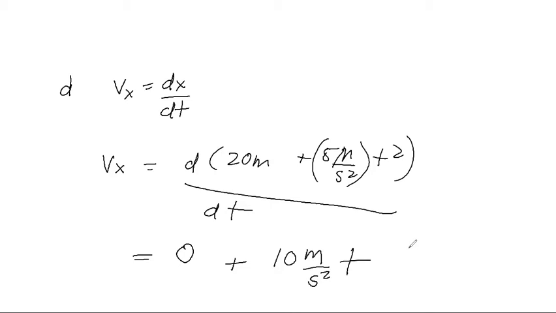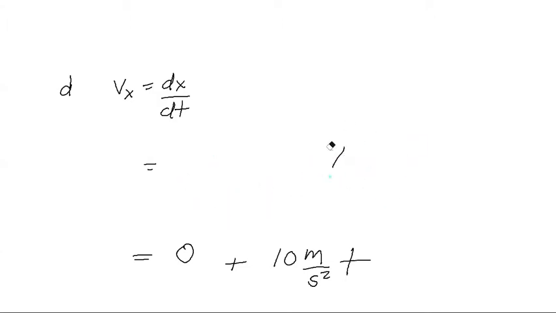So I'll move our equation up here. We're going to get 10 meters per second squared times t. And we're looking for the value at t equals 1 and 2.